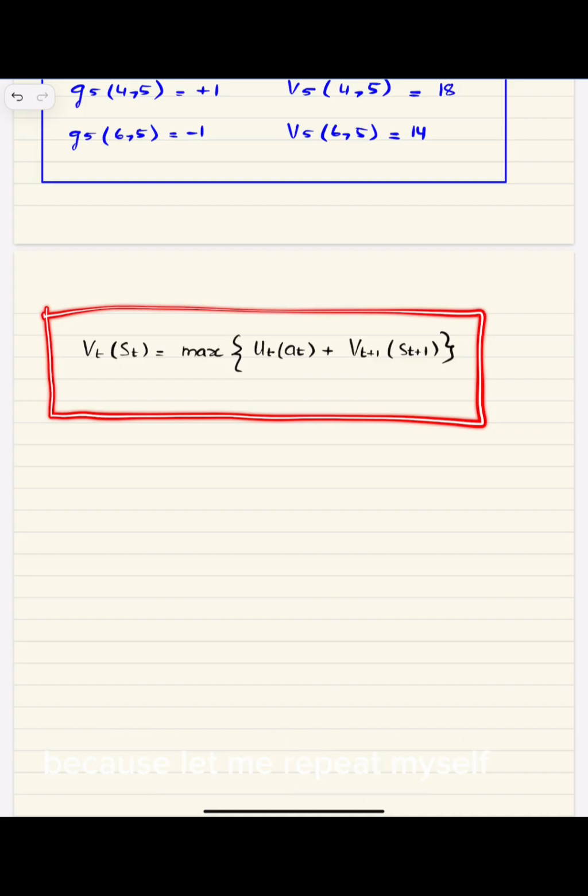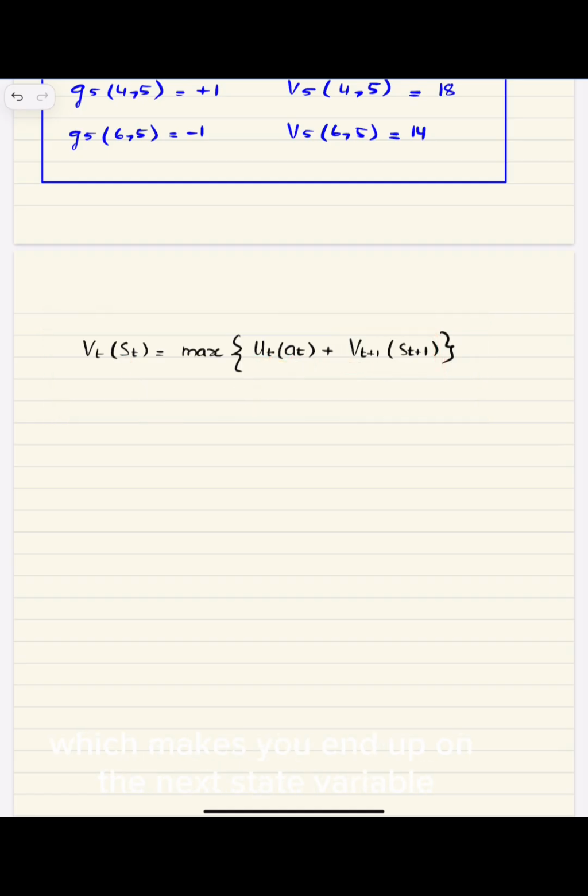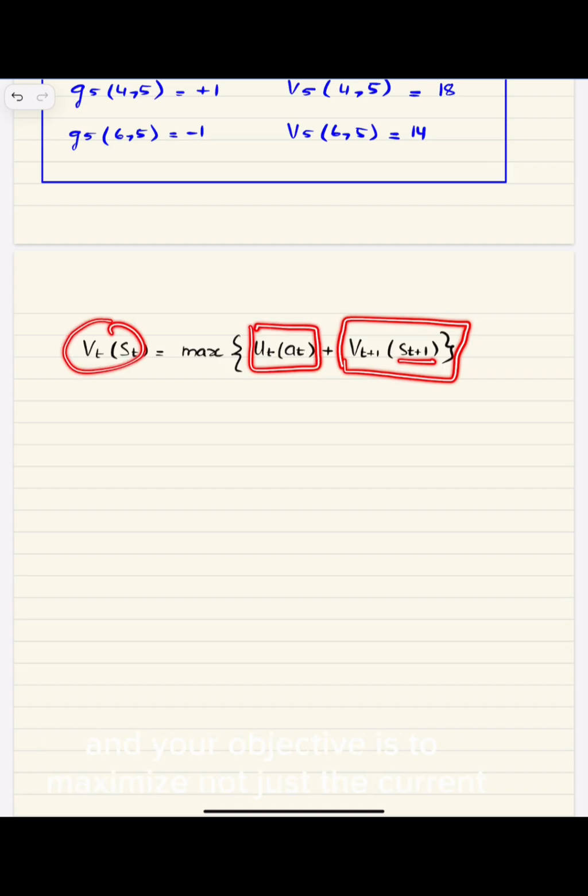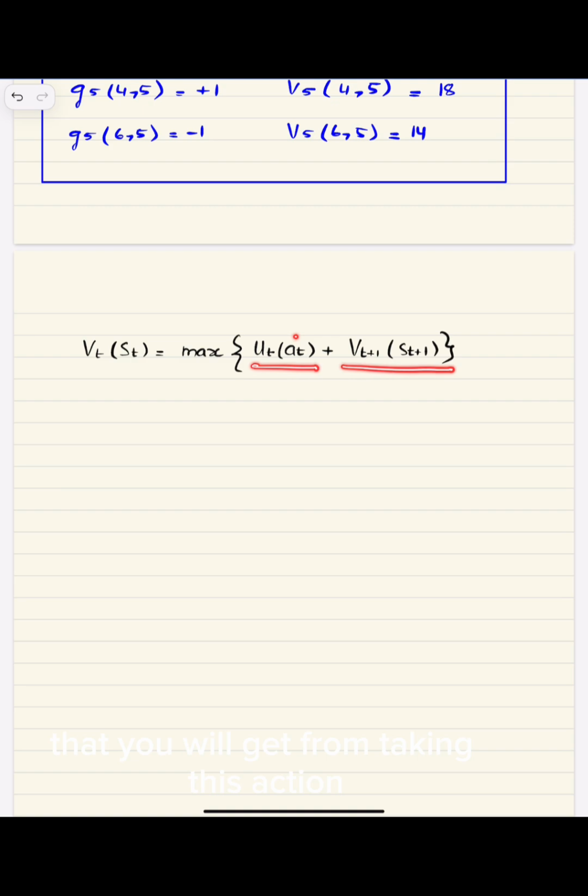Let me repeat myself: you are maximizing the utility, or basically the revenue, from the same time period, and all the stream of rewards that you will get from taking this action, which makes you end up on the next state variable. So this is all the future stream of rewards, and this is the current reward. Your objective is to maximize not just the current reward, but also the future rewards that you will get from taking this action.